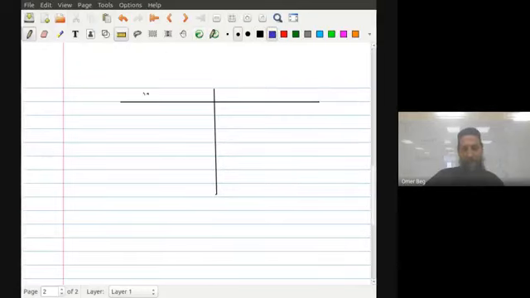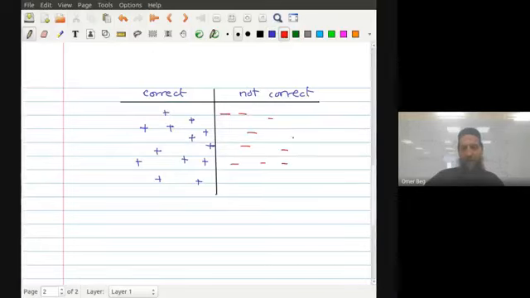These are correct samples, and these are not correct samples. You can think of correct samples as positive samples and not correct samples as negative samples. I'll draw these as pluses, and the not correct samples as these negatives.